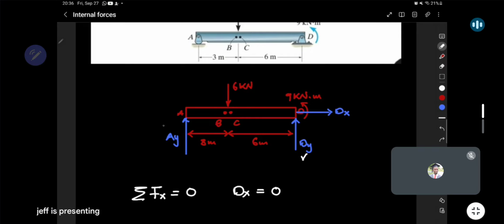Since I want to find AY, I don't want to take moments anywhere where AY is passing. So I can take moments about this point, or this point. But taking it about this point, I only eliminate a force I know. Based on that, the best place to evaluate our moments will be at point D. This way, this force will not cause a rotation at point D. This force will also not cause a rotation at point D. So we eliminate two unknowns already, leaving us with only one unknown, AY, to think about. So we'll take our moments about point D.